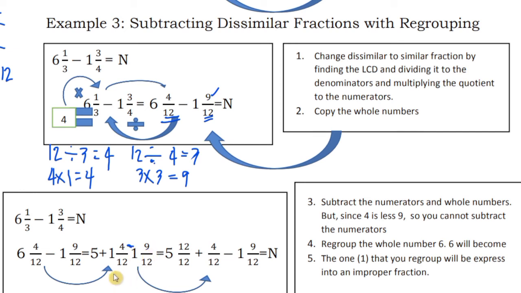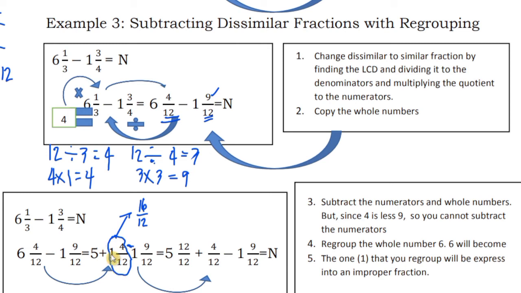To get this part, we make this one an improper fraction: 12 times 1 is 12 plus 4 is 16. So we now have 16 over 12.